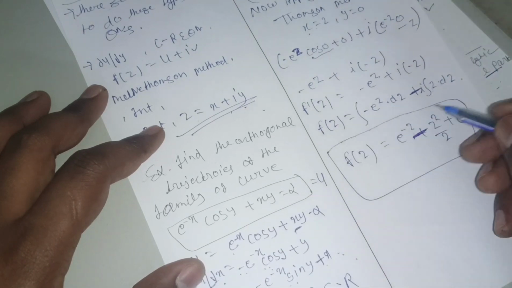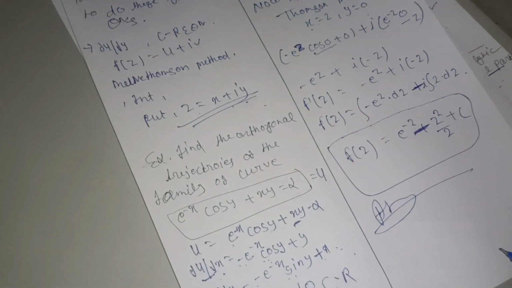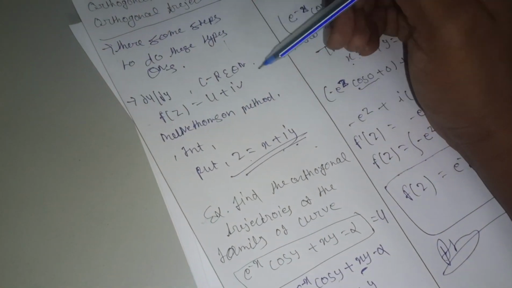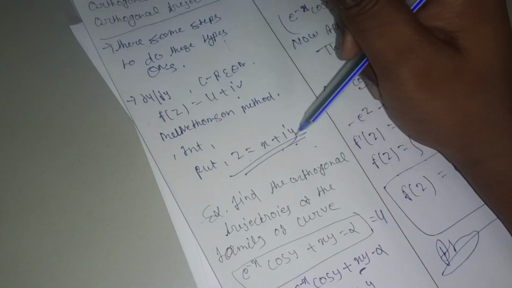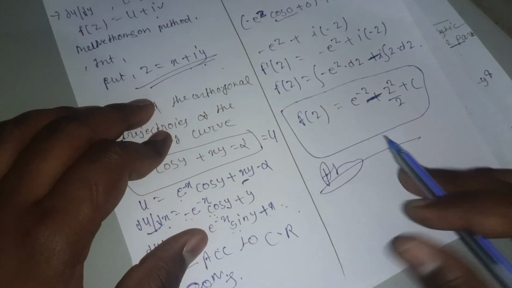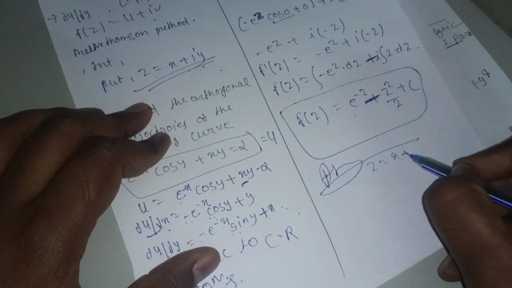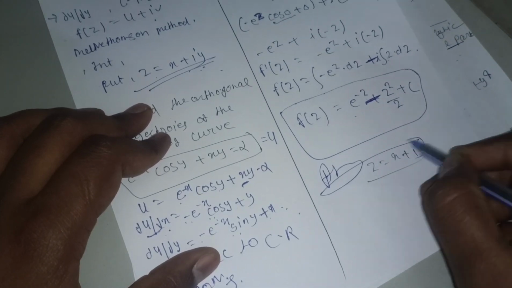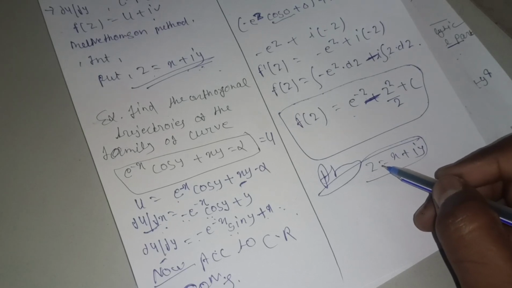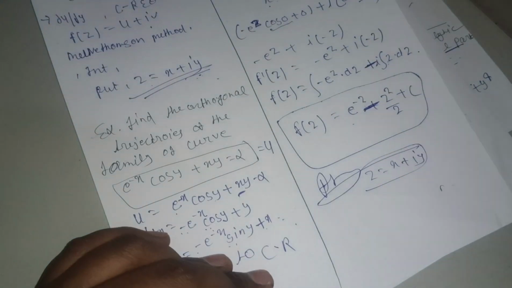So this is our final answer. What we did, simply we found the orthogonal trajectories, and now the last step is z is equal to x plus iota y. So we will put it in place of z, then we will get the final answer.